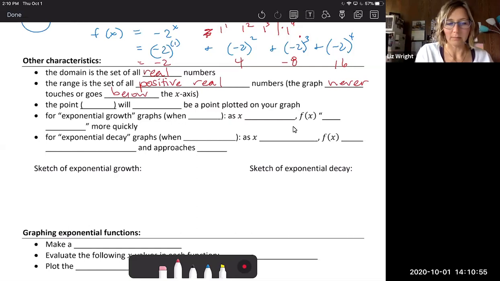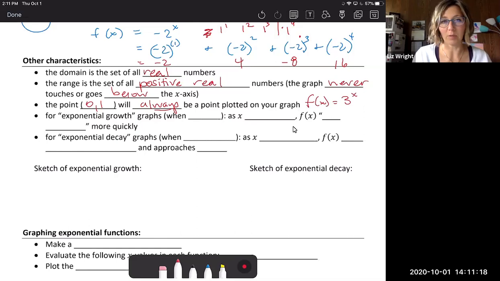The point 0, 1, I don't know, I don't like this word always in here. So really, I should change that. It's not really always, it's going to be most of the time. So in our typical graph, if we have no transformations going on, if it's just going to be like f of x equals 3 to the x, this is going to be true. 0, 1 will always be on our graph.